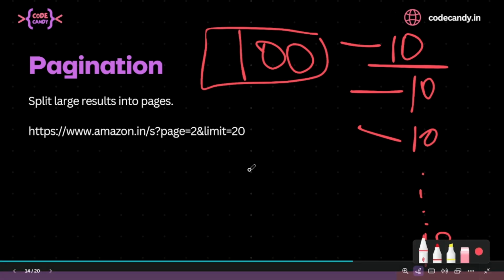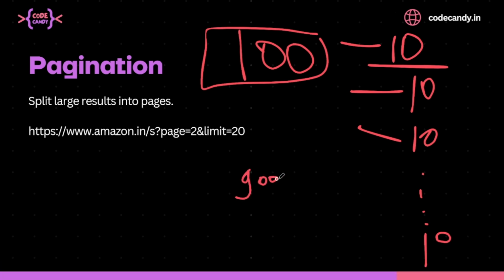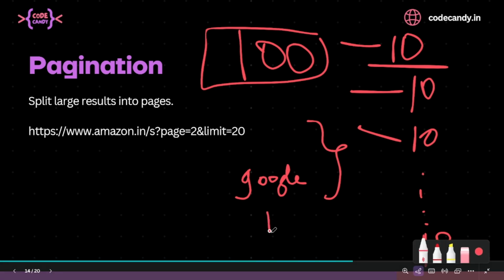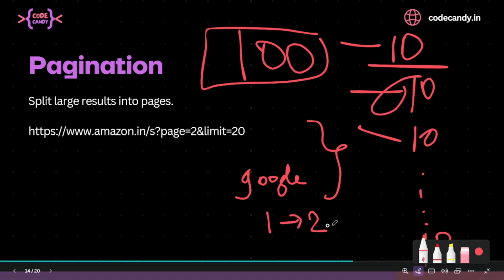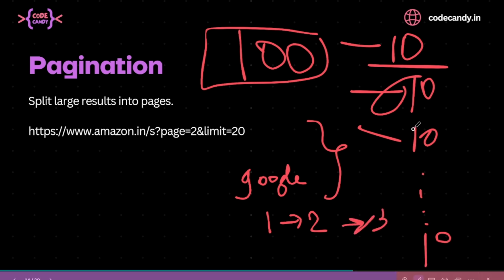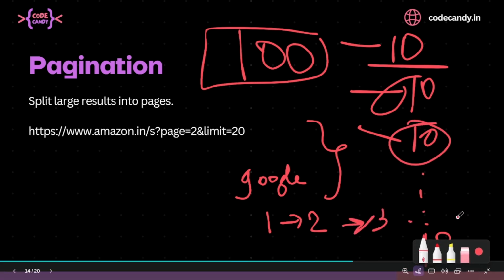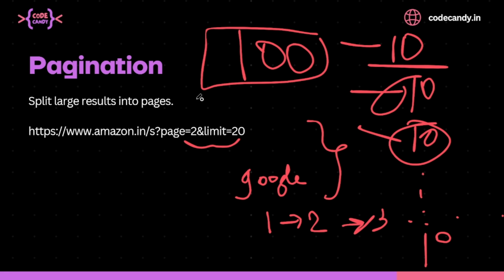The best example is Google. In Google, you will see top ranking pages at the first. If I go to the second page, you will see the second set of data. If I go to the third page, you will see the third set of data. Like this. This pagination is very helpful if you want to limit the data you see. It's like splitting the results into pages.